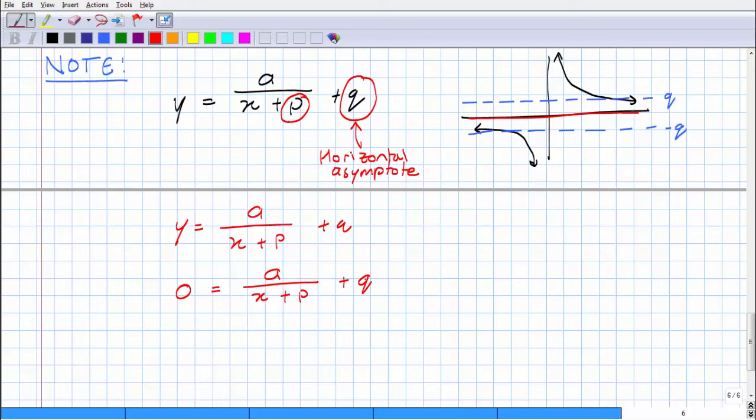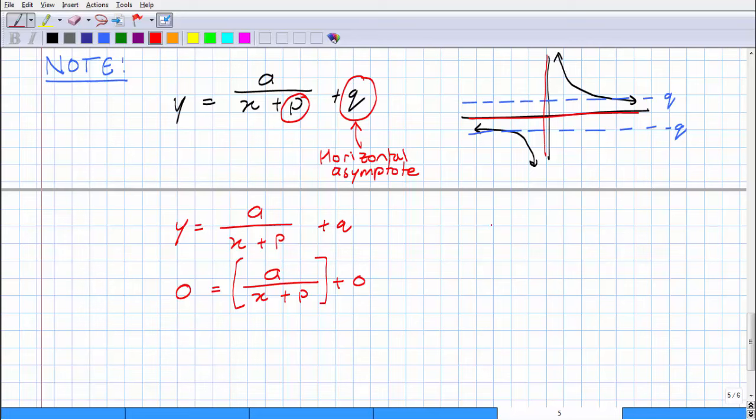If we have no q value, so q is 0, then you can clearly see that we've got no way of making this 0, so the asymptote, which is your q value, is 0, which is why we normally get a 0 asymptote. If you have a q value, then obviously it shifts up and down.